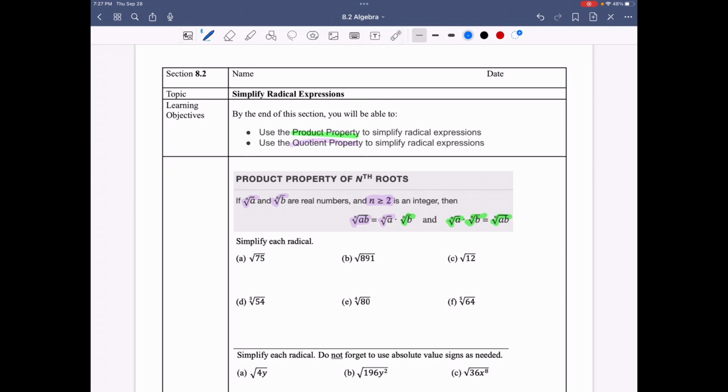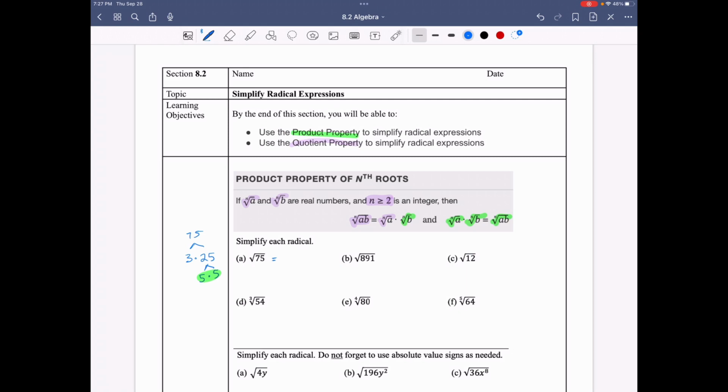All right. For the first example, we want to simplify the radical. And so how we want to do this is split 75 into something that I can take the square root of. If I were to factor 75, the factors of 75 are 3 and 25, and 25 is 5 times 5. So the prime factorization of 75 is this, and since there are two 5s, a 5 can come out.